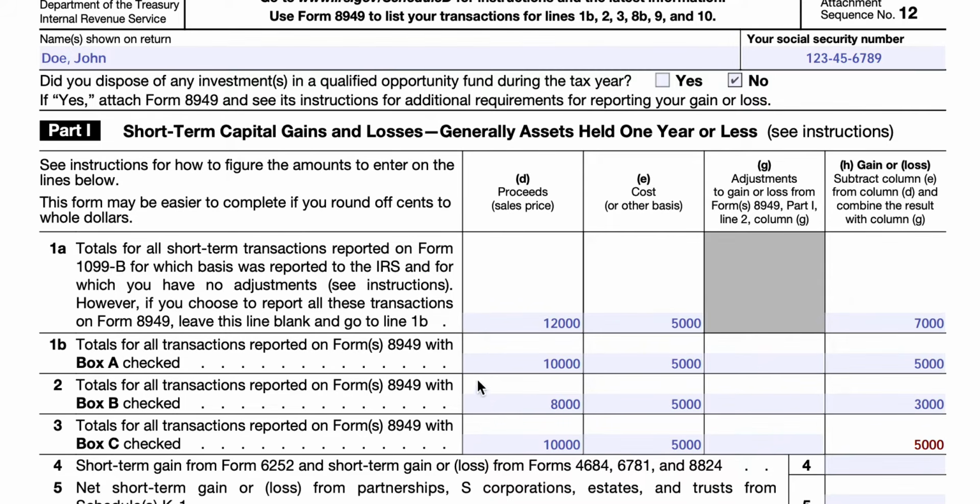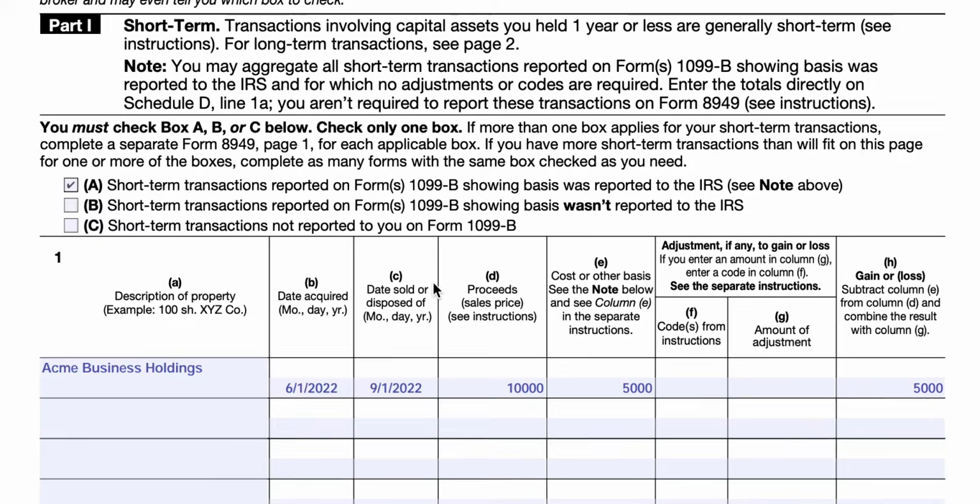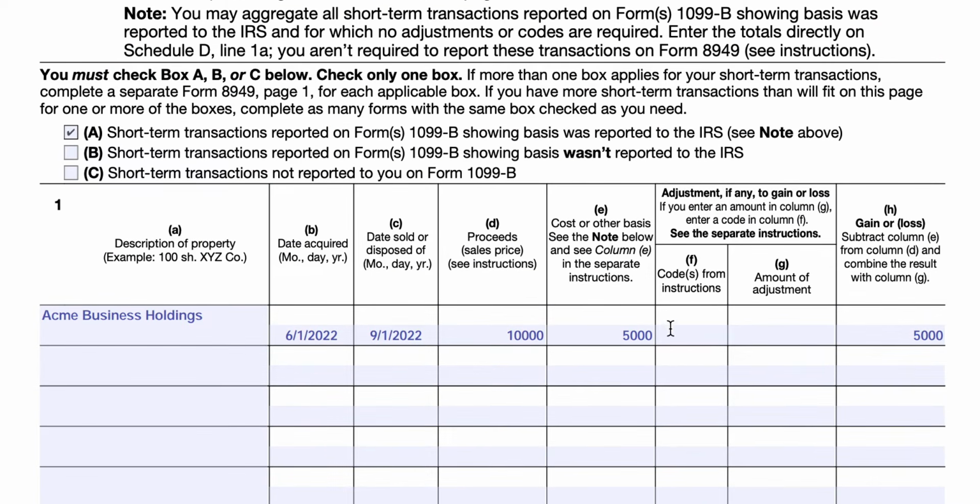Now let's imagine that I had a 1099 that reported proceeds and my basis, but the basis was incorrect. And I have records to show that this would actually need to be a $6,000 cost. So what I would need to do is indicate in column G on line 2 my adjustments. So you would have to enter a code that says why I'm making this adjustment.